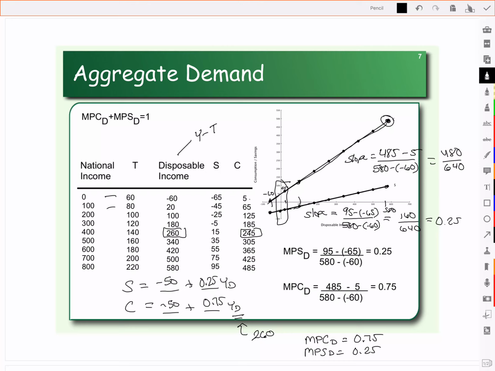Since there's only two things you can do with disposable income, spend it or save it, your MPC sub D and your MPS sub D must equal 1. So if you have $1 of income after taxes, you're going to save it, you're going to spend it. And we can figure out how much you're going to save and how much you're going to spend.